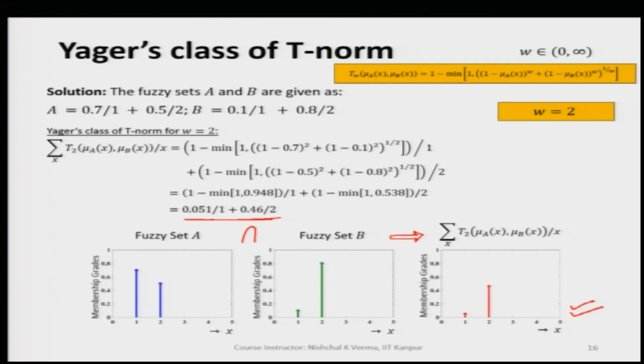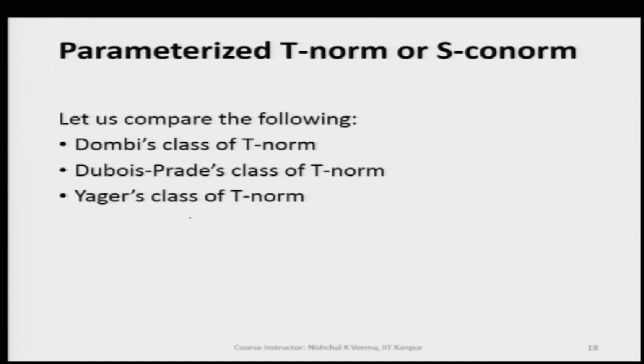Now, let us take the value of W as 3 and see that the membership value of the resultant fuzzy set is again increased. So, when we increase the value of W, the membership values of the resultant of the intersection based on the Jaeger's class of T norm also increase.